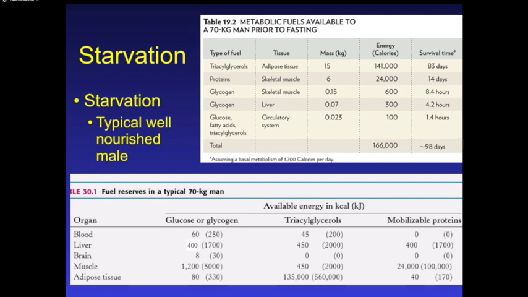But what we're looking at is the largest source, which you already know is the fats. It is mainly in the adipose tissue, and the calorie count is very large. Now, here's where the issue comes in.